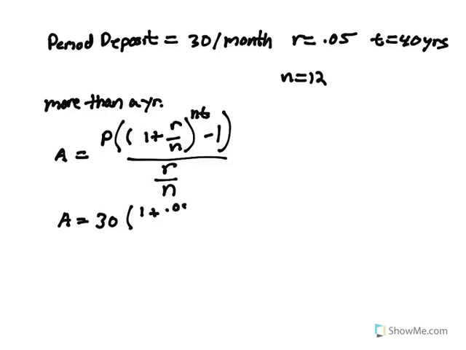The rate is 0.05 divided by 12. We're going to raise that to the power nt. If n is 12 times the time, it's just going to be 12 times 40, which is, excuse me, 480.